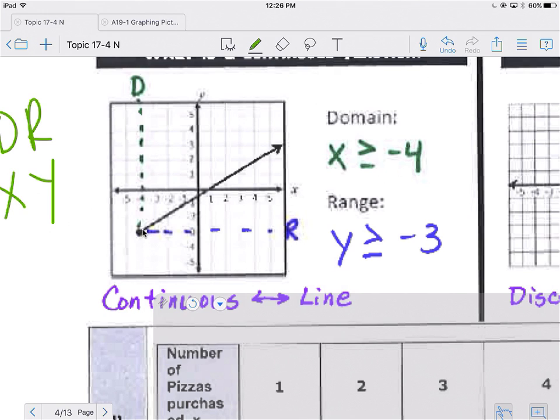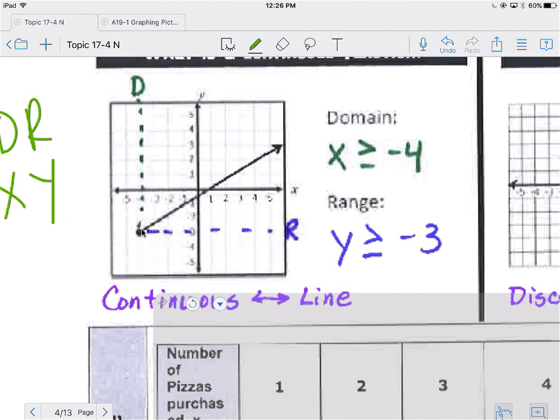My x is at -4, then -3, -2, -1, 0. Remember, we're looking at the x's. 1, 2, 3, 4, 5, and so on because there's an arrow. So this tells me that my domain is everything greater than or equal to -4 because my x started at -4 and will continue going in a larger direction.